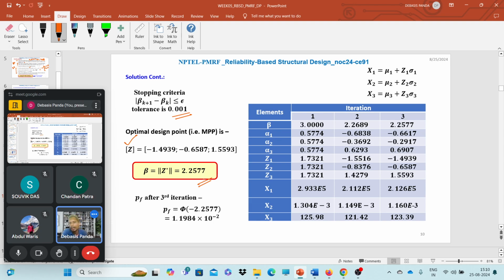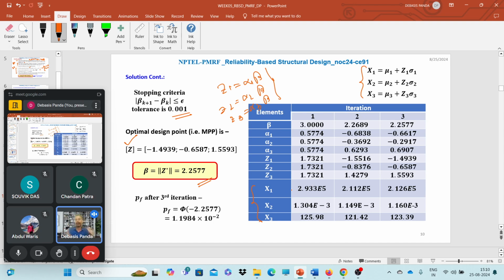Once we have the direction cosines and beta, we can find the design points in the standard normal domain, like z1 equals alpha 1 into beta, z2 equals alpha 2 into beta, and z3 equals alpha 3 into beta, and so on. Once we get z1, z2, z3, we can easily convert them back into the x domain. So these are our final design points.